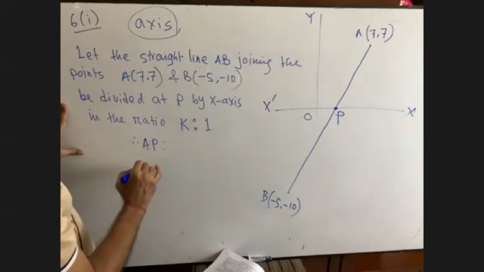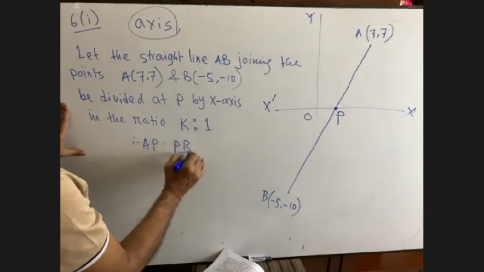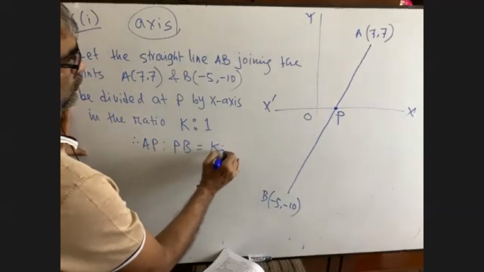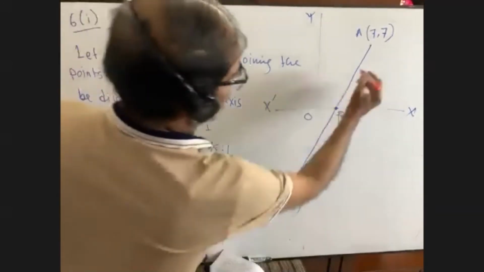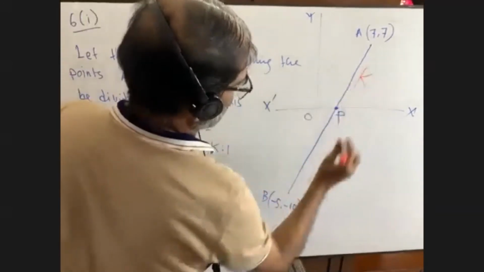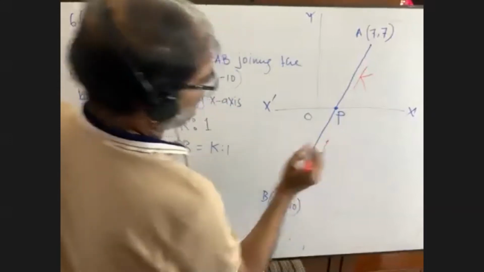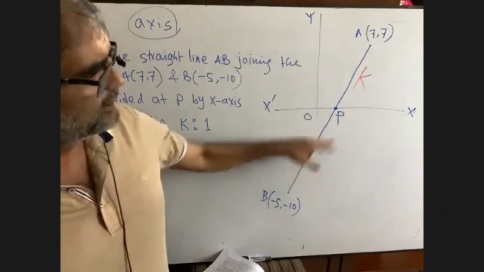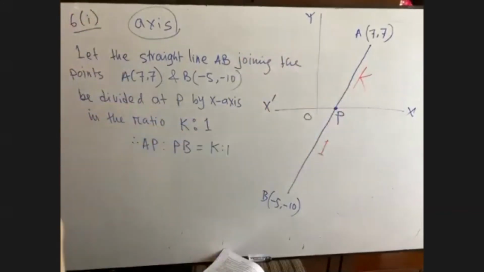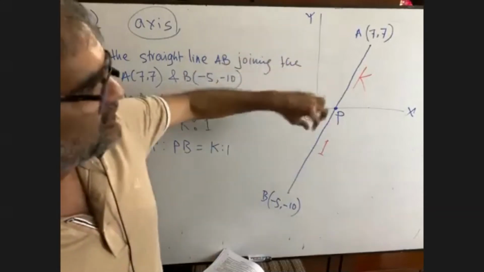So we can write here, therefore, AP is to PB is equal to k:1. That means this part is k and this part is 1. But dear students, I have seen too many students and teachers let it be k and 1 the other way. Absolutely wrong. The answer will not be right. Why? Because it starts with this point.